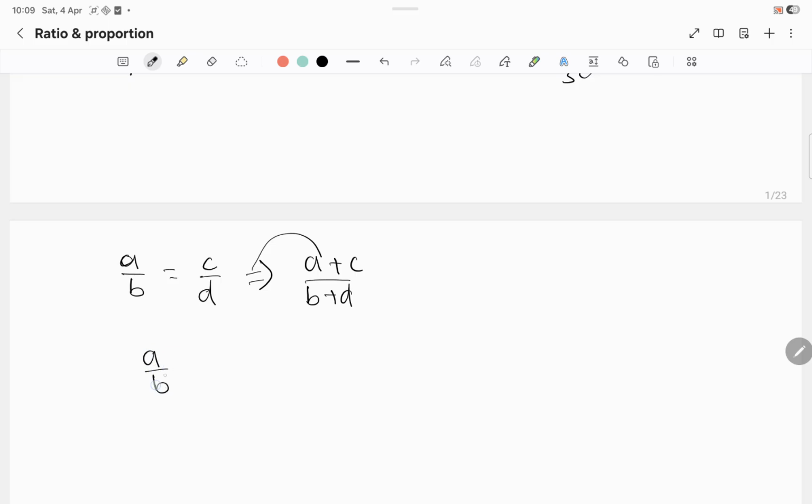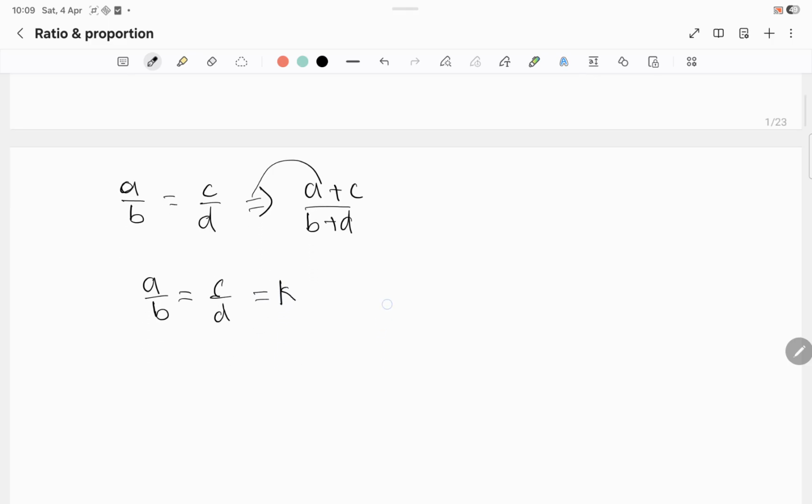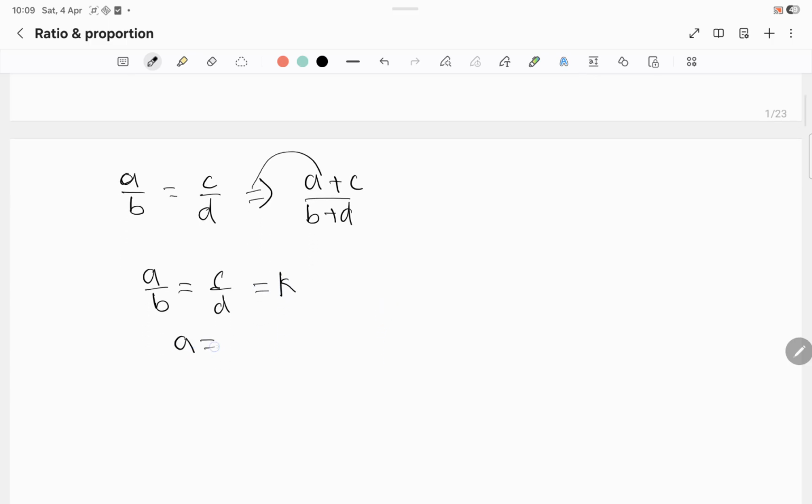See, A by B is equal to C by D, let it be equal to K. Then A is equal to BK, C is equal to DK. Now we assumed that A by B is equal to C by D is equal to K.